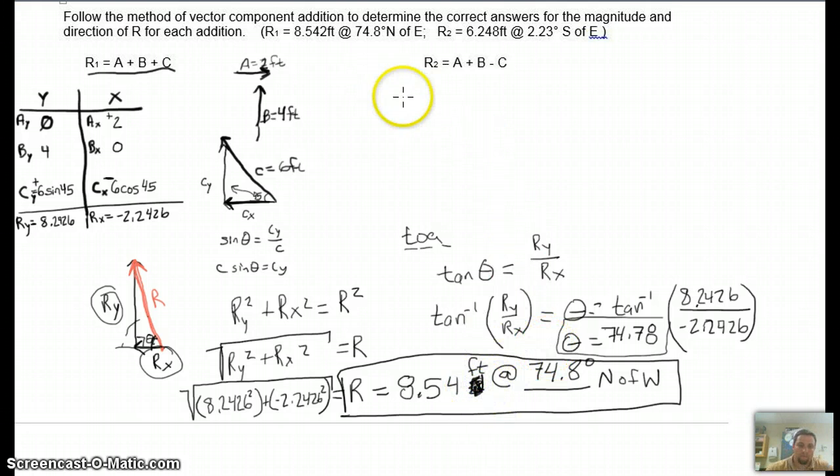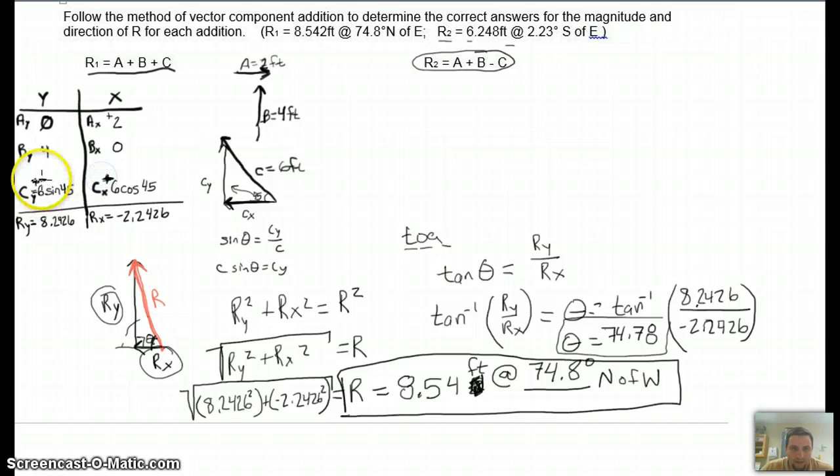Okay. This next problem, then, I'm going to let you try to do on your own here. You're doing the same thing we just did, except instead of using C, you're going to use the opposite of C. So what's actually going to happen is, looking over here, this will end up being negative, and this will end up being positive.